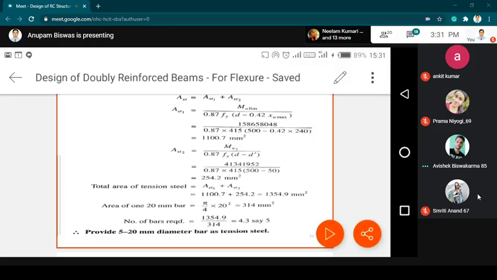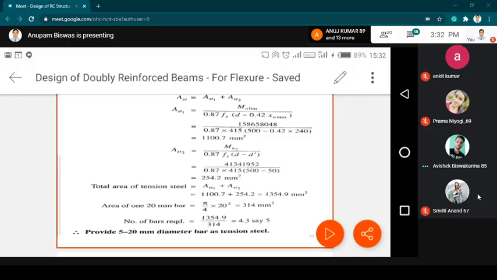सर, अगर बट 25 कॉस्टिंग तो इंक्रीज कर रहा है ना सर? नहीं, 25 दोगे तो क्या होगा? नंबर ऑफ बार्स कम हो जाएगा. अच्छा, when you have considered 20 mm bar, number of bars is coming 4.3, suppose 5. Yes, okay. So अगर तुम 25 mm का कंसिडर करके देखो, उसको डिवाइड करो.